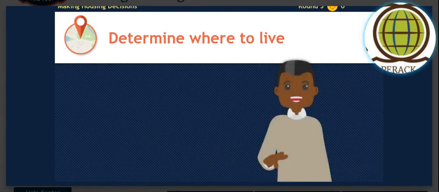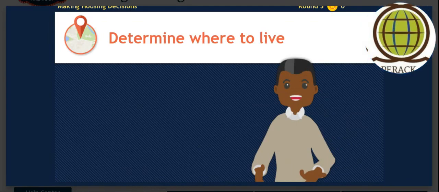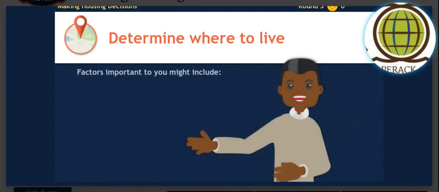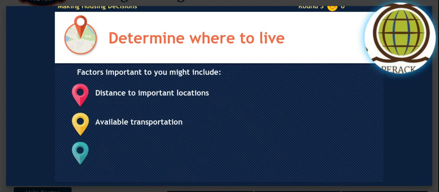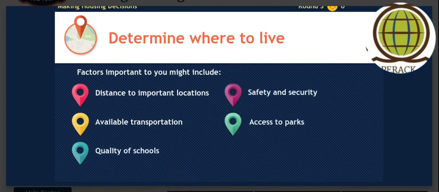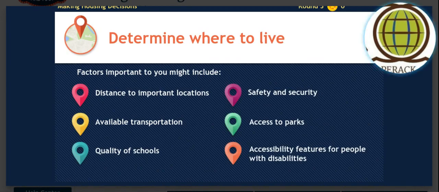Round one introduced this concept. Find the neighborhoods that offer the most advantages to you and are affordable. Factors important to you might include distance to important locations, available transportation, quality of schools, safety and security, access to parks, and accessibility features for people with disabilities.